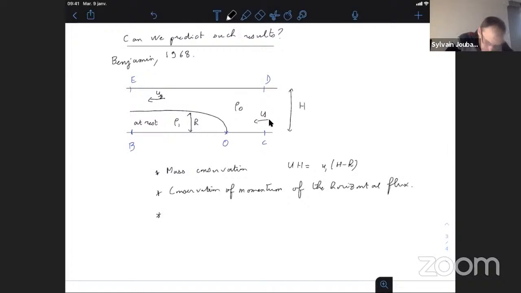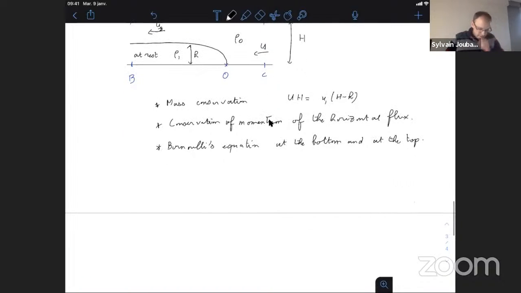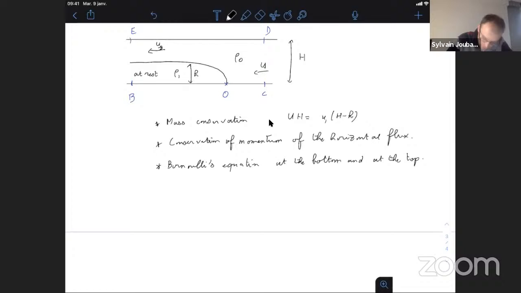And to do all this problem, you will need to use the Bernoulli equation on two different lines, for example at the bottom and at the top. And basically with this you have 4 equations, you have 4 unknowns, which are small h.